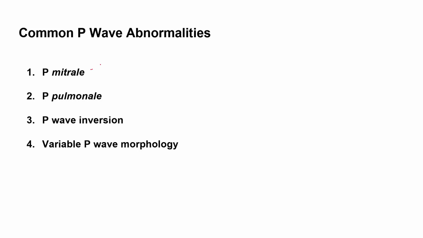Now, what is P wave inversion? In which condition do we get a P wave inversion? This is very simple to understand. P wave inversion we will get in any ectopic atrial rhythm or junctional rhythm.